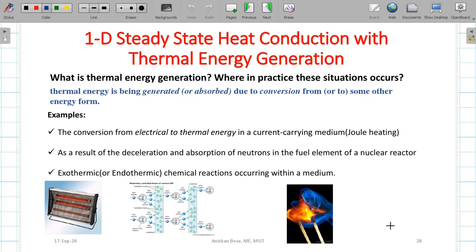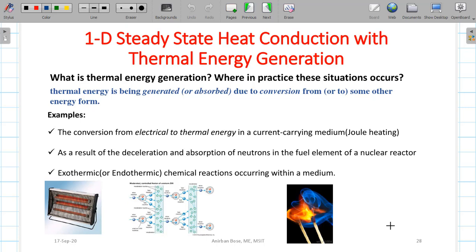So first, what is thermal energy generation? We have to understand that first, and then see where in practice these situations occur. Thermal energy is being generated or absorbed due to conversion from or to some other energy form.